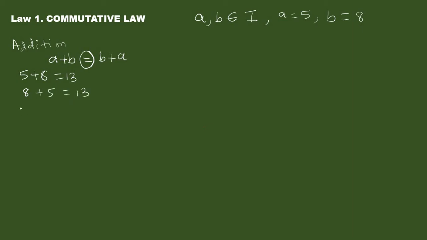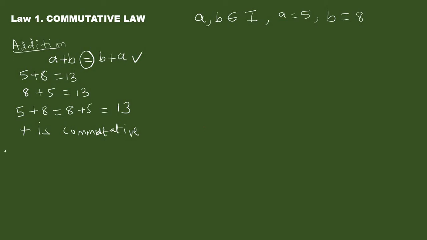So 5 plus 8 is the same as 8 plus 5. The order does not affect the result, which is 13 for both. So we can say that addition is commutative.